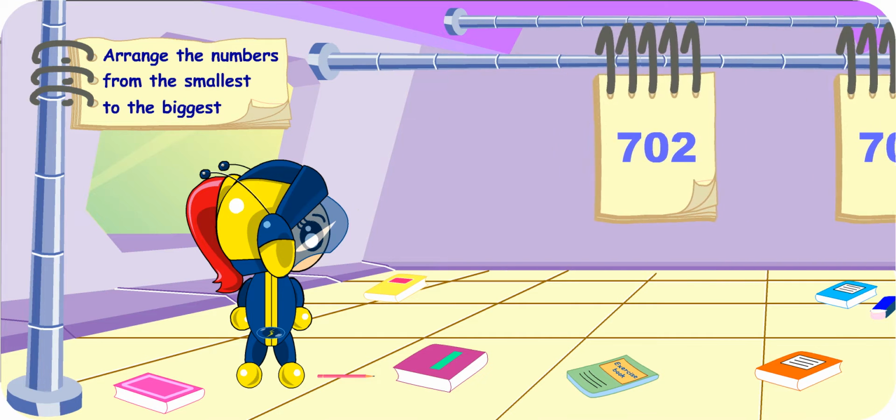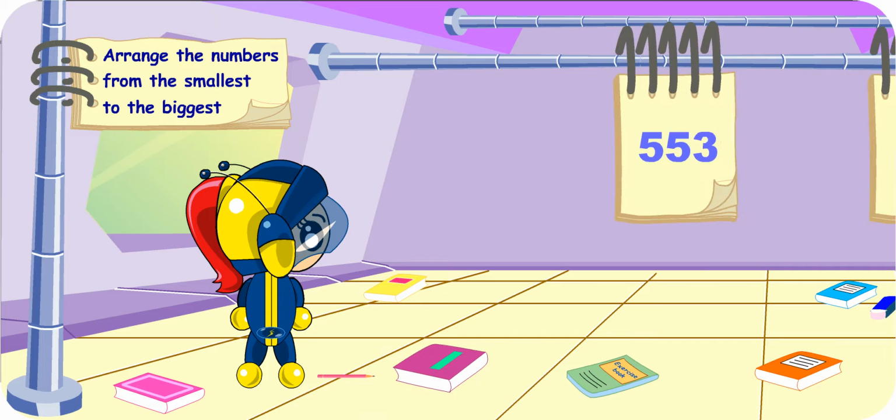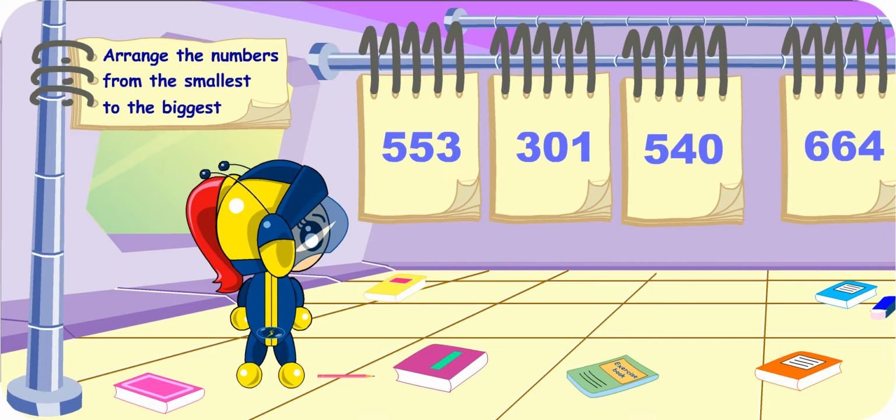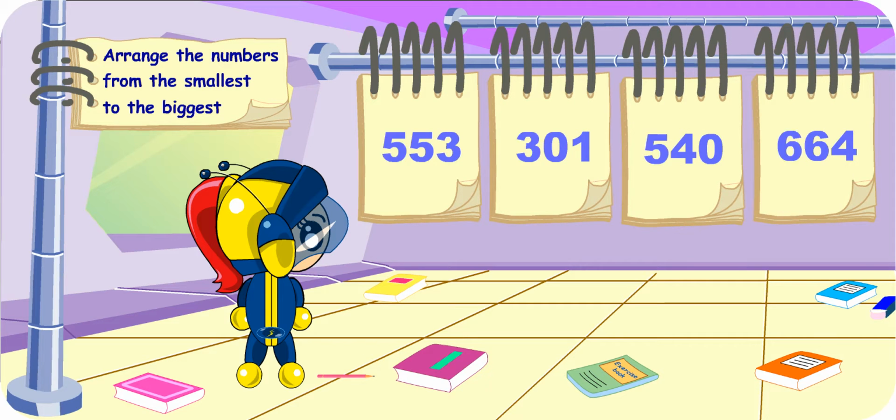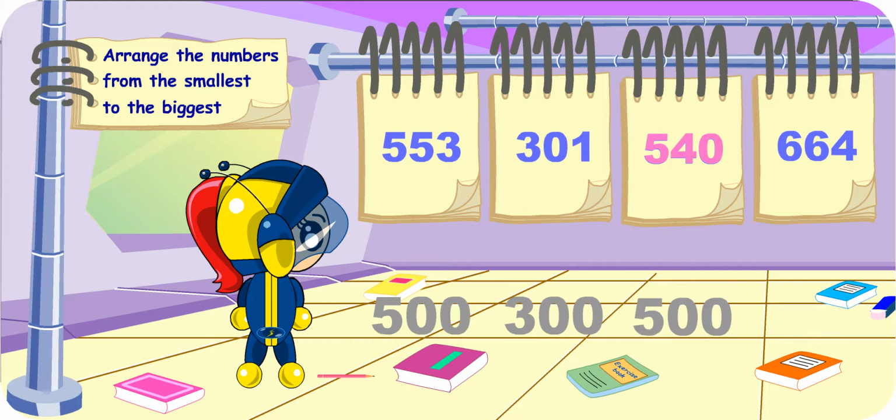Wonderful, Turbo Girl. What about this set of numbers? Well, I look at the hundreds digit. 553 has 5 hundreds, 301 has 3 hundreds, 540 has 5 hundreds, and 664 has 6 hundreds.